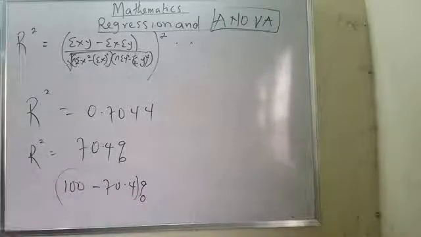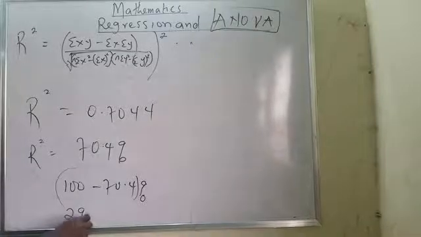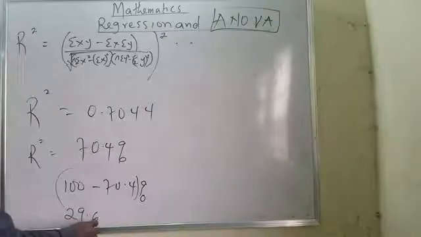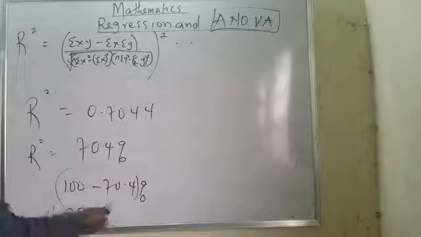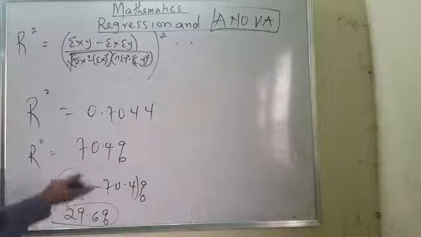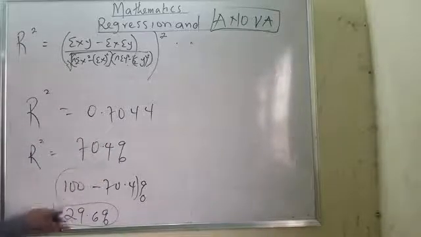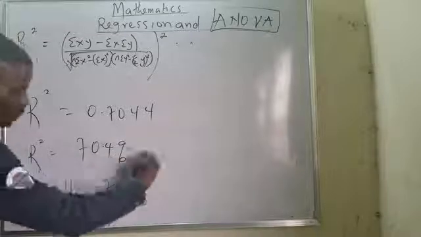When you have it, that is what is called the part that is not doing it at all. It means you will be having 29.6%. These are the variables: this one for dependent, and this one for independent. Now you have to know how to play around this.